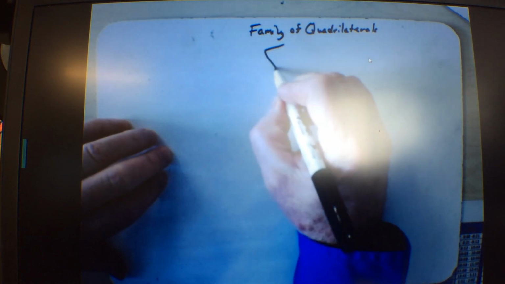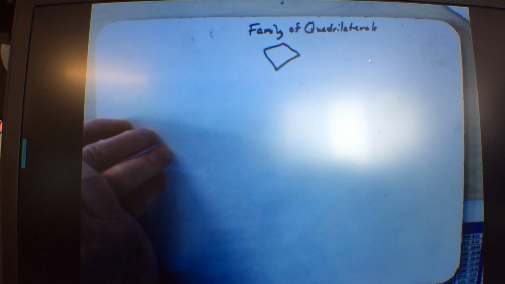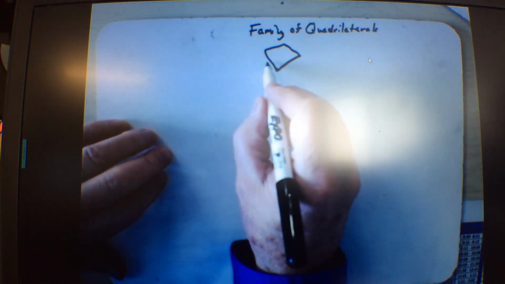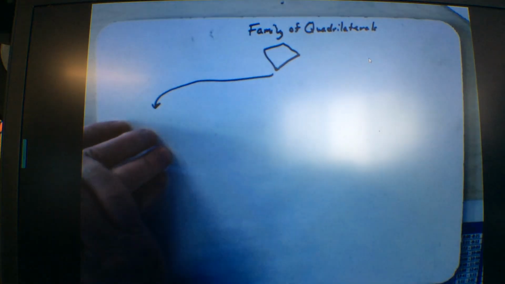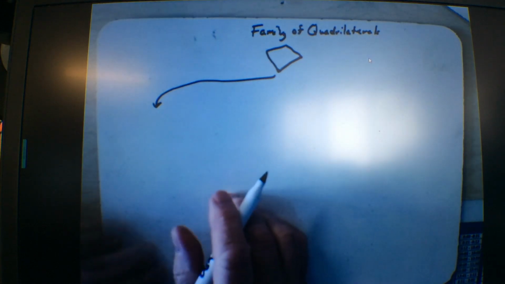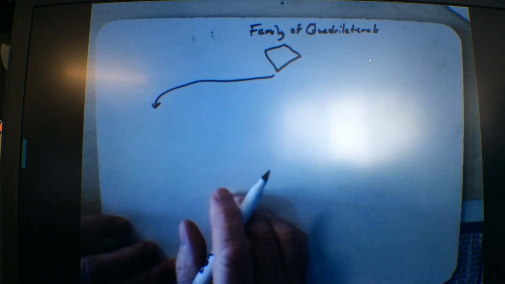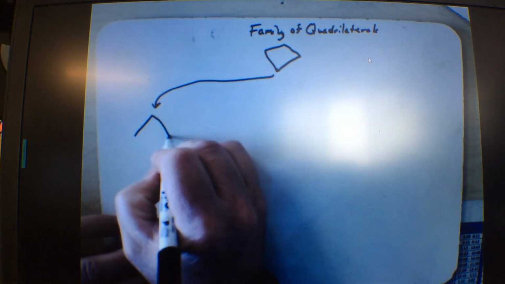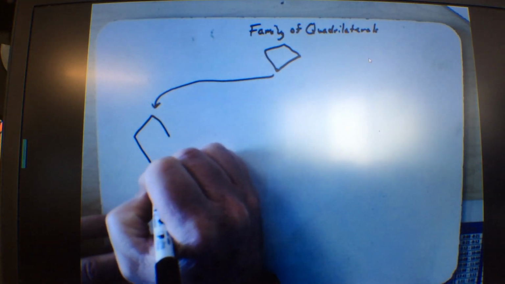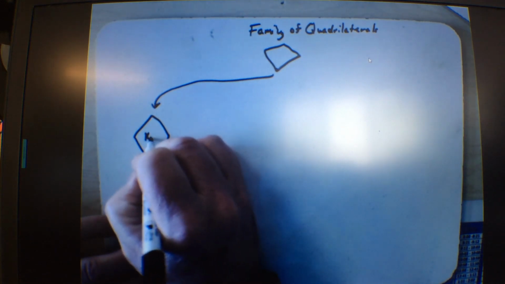Okay, we start with a four-sided figure, okay? That's called a quadrilateral, correct? He's the top dog. All right. From this quadrilateral, we come over here, and we're going to talk about a four-sided figure that looks like this. Okay, and this is called a kite.